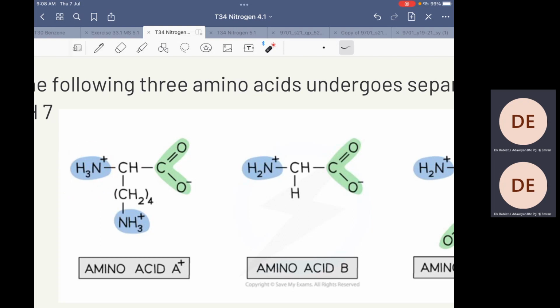But the R group also contains an NH2 group. This NH2 group has been protonated. It has accepted an H plus.